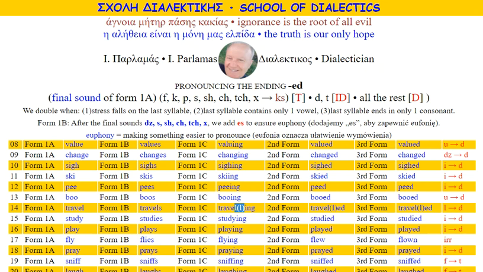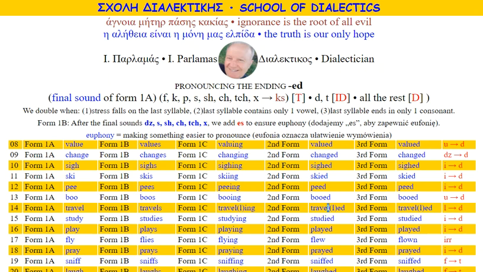Because the stress does not fall on the last syllable. It could be travel, the stress falls on the first syllable. So because the stress does not fall on the last syllable, we have an option. It can be one L or two L's.